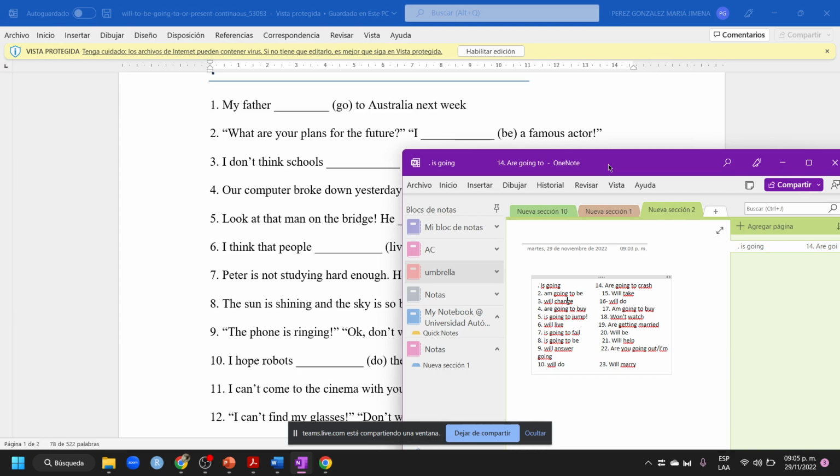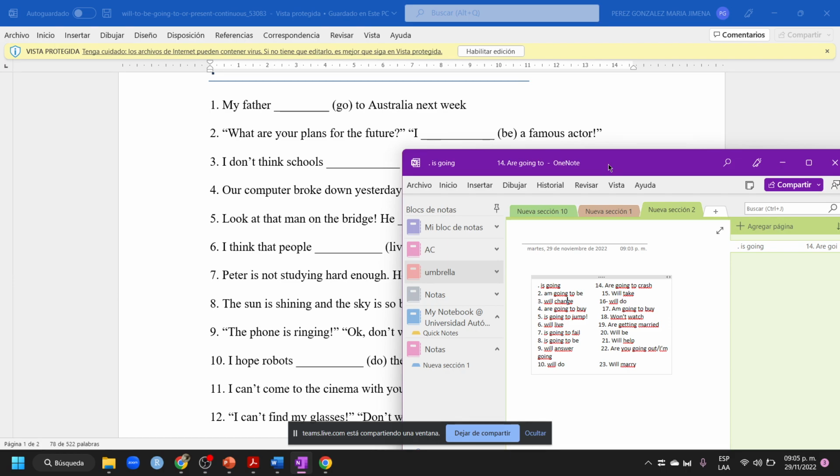Cuando te preguntan what are your plans for the future, en este caso creo que esta respuesta suena muy, pues que ya está decidido, ¿no? Que él decidió que quiere ser, ¿no? Entonces sería I'm going to be a famous actor. Voy a ser un actor famoso. Obviamente no sabemos si va a pasar o no, pero ya la decisión la persona la ha hecho.